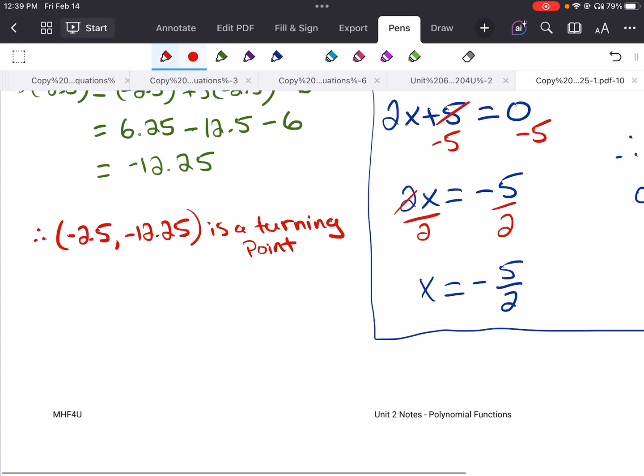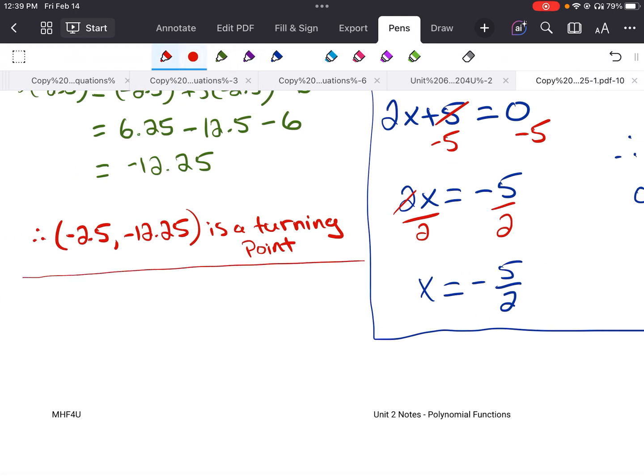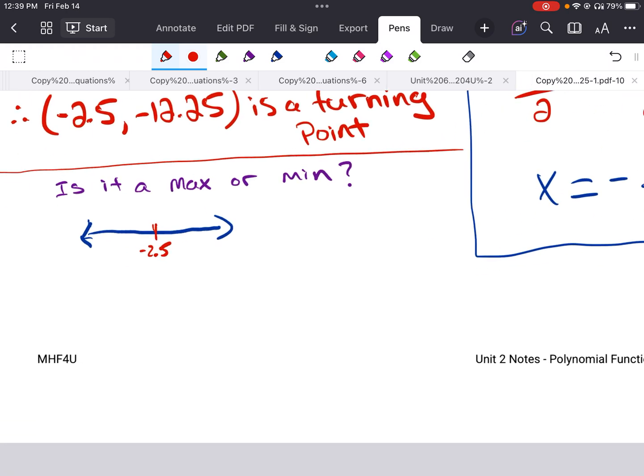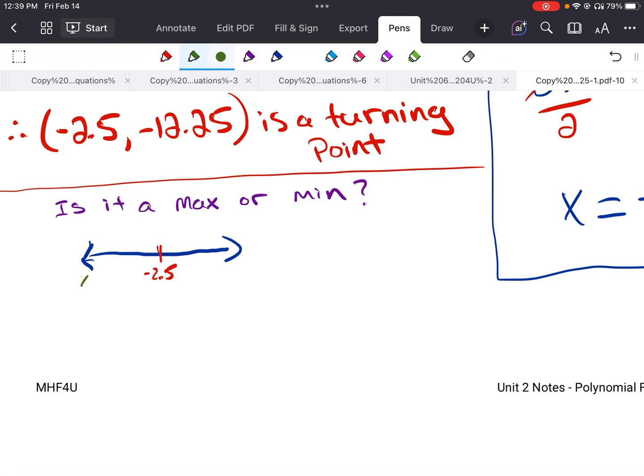Okay, and the last thing that we could figure out from this is, is it a maximum or minimum turning point? Okay, so let's do that. Is it a max or min? For that, if we have a number line with our negative 2.5, we can pick numbers on each side of it.